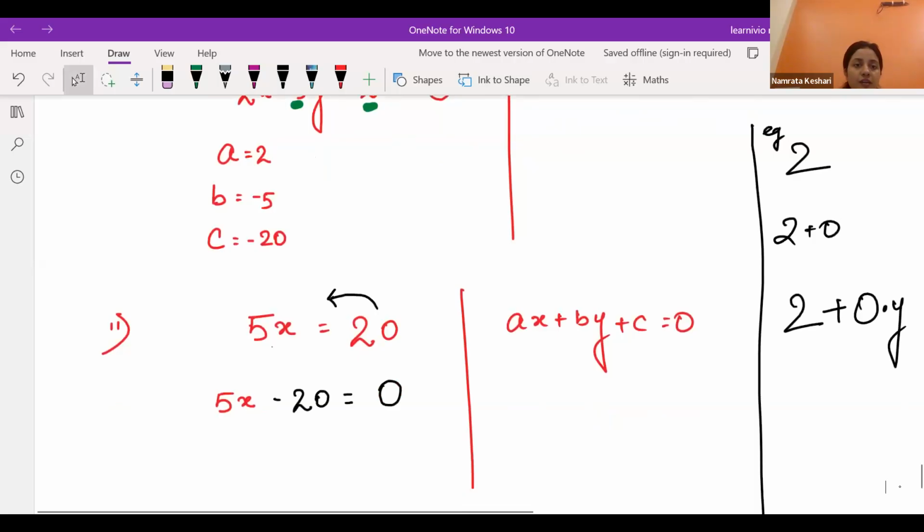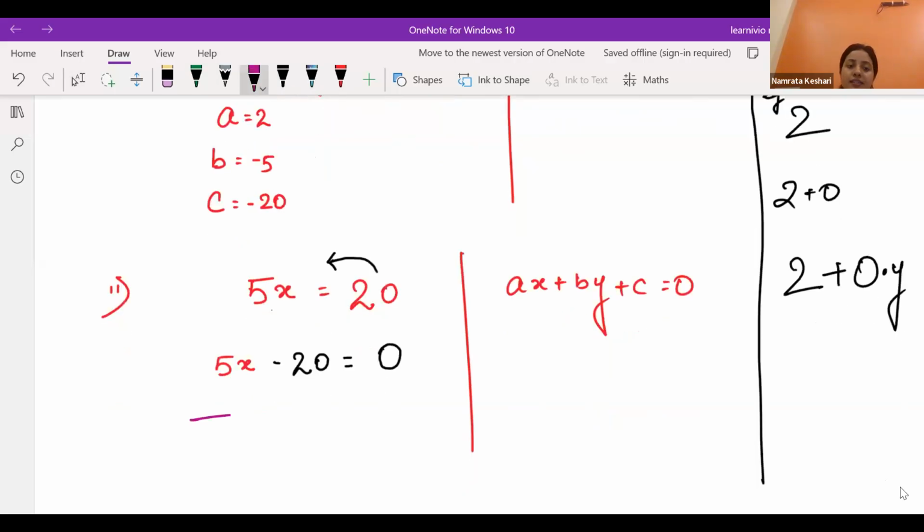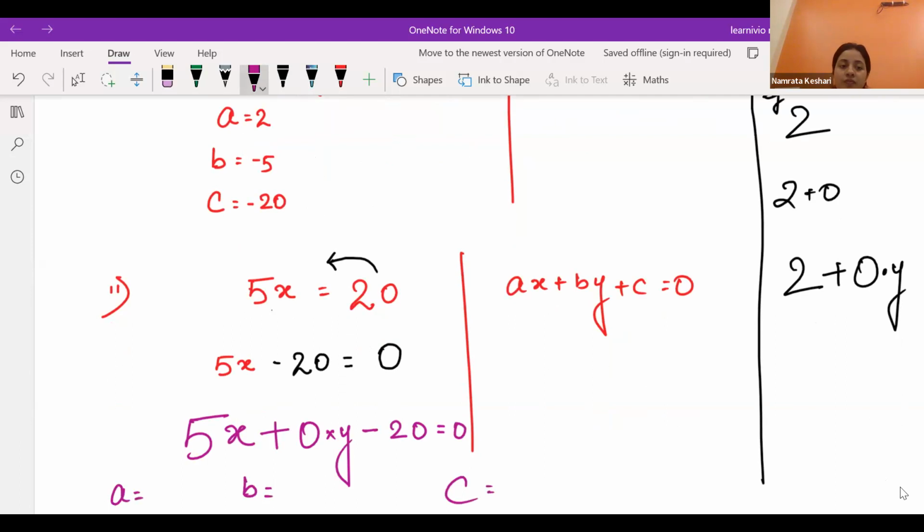So if we understand that logic, we can write 5x as it is. The y term is not there, so we can write plus 0 into y. This does not make any difference. Minus 20, I am copy pasting as it is, equals 0. Now again the same question. Aleph, can you tell me what is A, what is B, what is C?